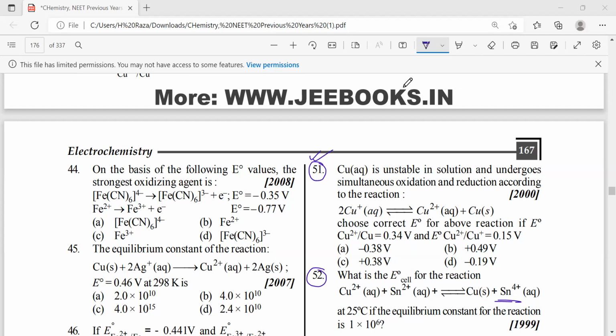Nadia, can you solve it or you need any explanation of this? No, sir, the answer is C, plus 0.382. Very good. Okay, 44.